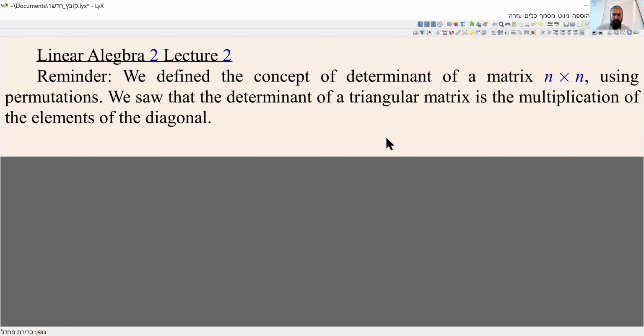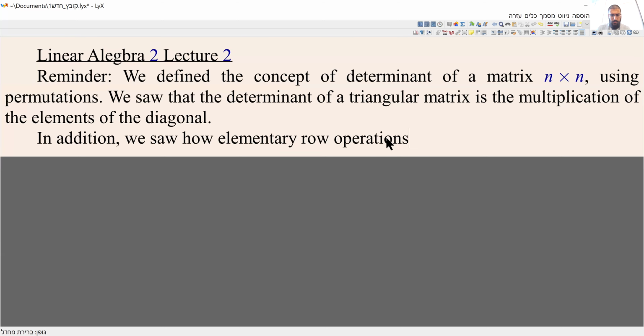Moreover, in addition, we saw how elementary row operations affect the determinant. So let's remind this as well.